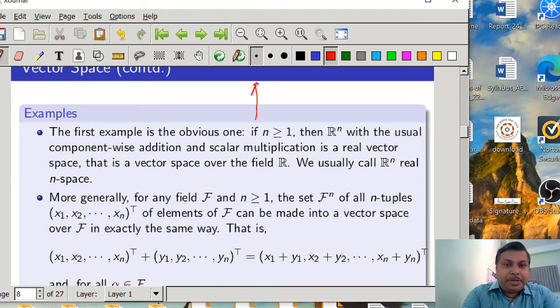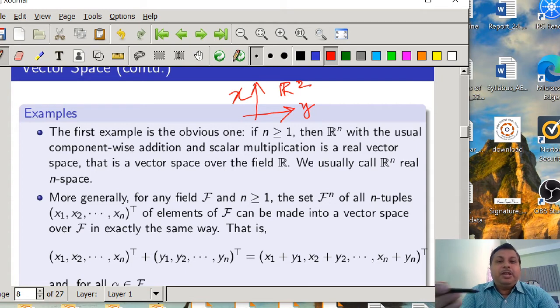You can imagine pictorially that it has two axes, suppose x and y, and we can say that this is the vector space R2. Similarly, we can imagine R3. There are three components, that is x, y, z. And in this way, if we are talking about the real vector space Rn, it has n components which are chosen from the field R.